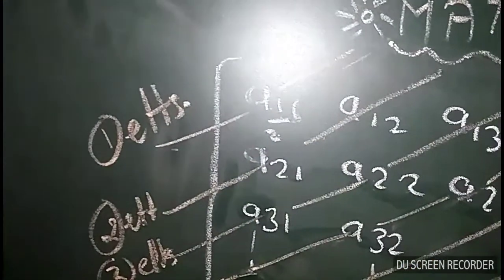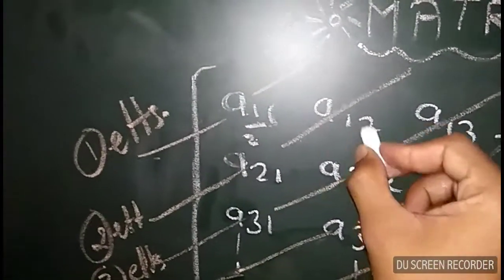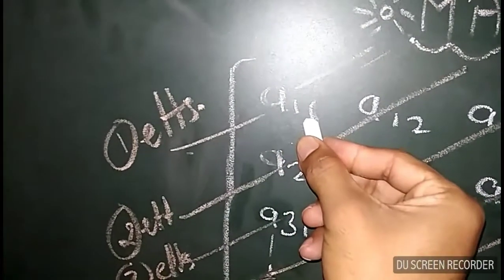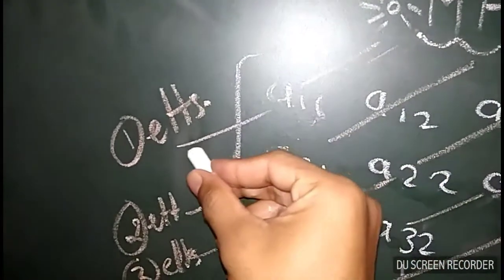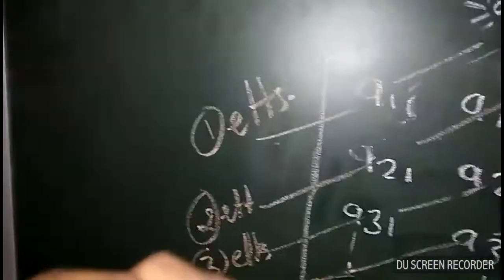Here the sum of row number and column number is 3. If the sum of row number and column number is 2, then the number of elements in this diagonal is 1.